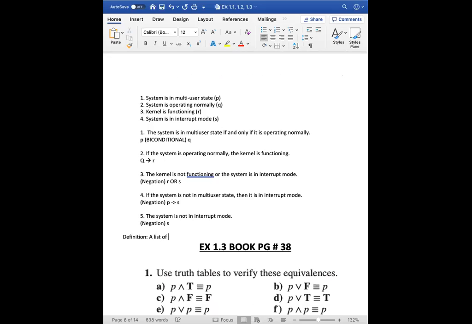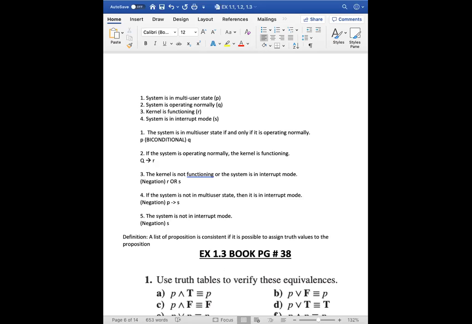A list of propositions is consistent if it is possible to assign truth values to the proposition variables so that each proposition is true.